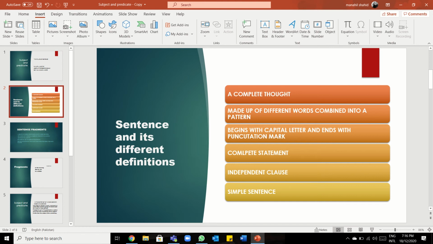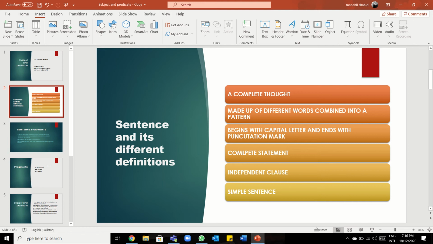Secondly, it is made up of different words combined into a pattern. As we use the words, they are called the elements. They are the units. The words come in the form of units and elements in front of us. They are also called a sentence.